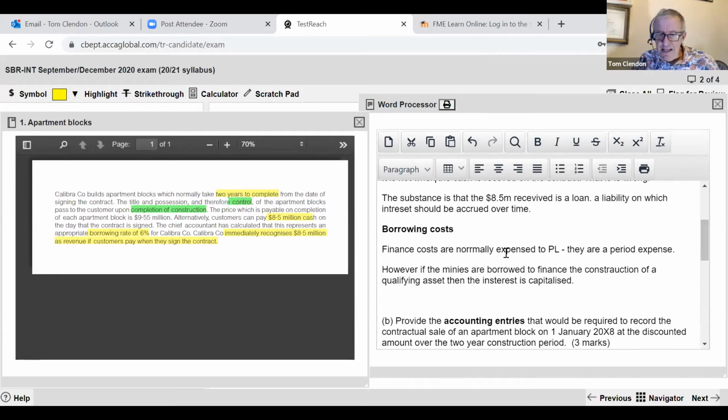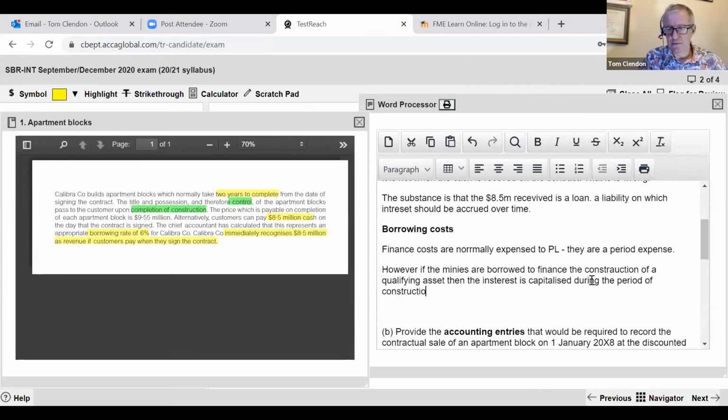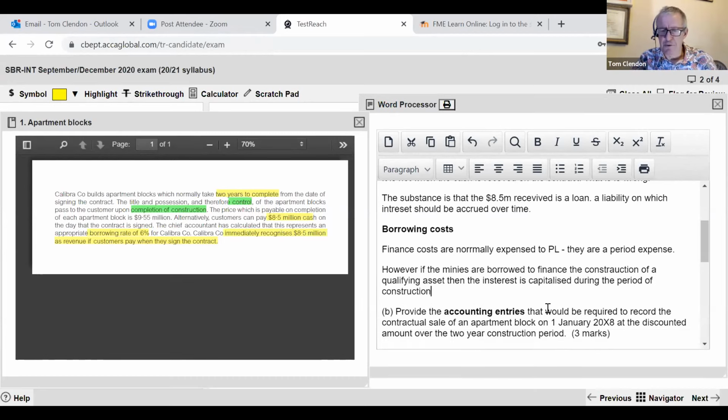However, if monies, so again, the meaning is clear, are financed, then the interest is capitalized during the period of construction. So yeah, maybe I could go in and make it a little bit clearer during the period of construction. But I think there's 2 out of 2 there. I'm very comfortable with that.